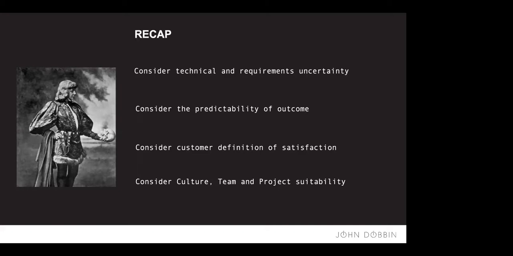But if you really can't predict what the end solution is going to look like, because the requirements and the technology and the skill sets and everything are changing, then you should be using agile methods to deploy that.